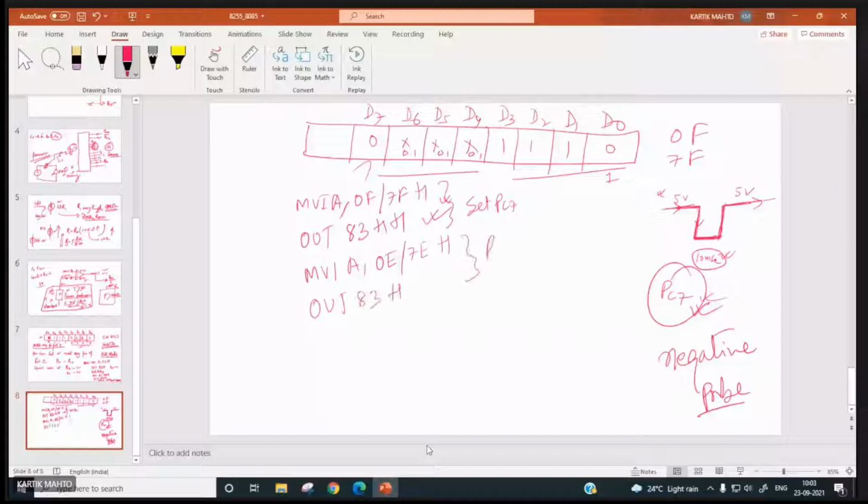Now what will be the next instruction? Sir, delay for 10 milliseconds. So you have to call the delay of 10 millisecond. Then what will be the next instruction? You have to make it 5 volt again. Yes, sir, MVI A 0F or 7FH, then OUT 83H.